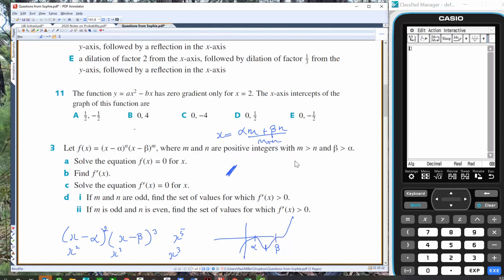So I'm going to suggest that the answer to part B is negative infinity all the way up to alpha, not including it because that's a 0 gradient point, union with the same answer as before, alpha m plus beta n all over m plus n to infinity, but we've got to exclude from that beta itself because that is a 0 gradient point.